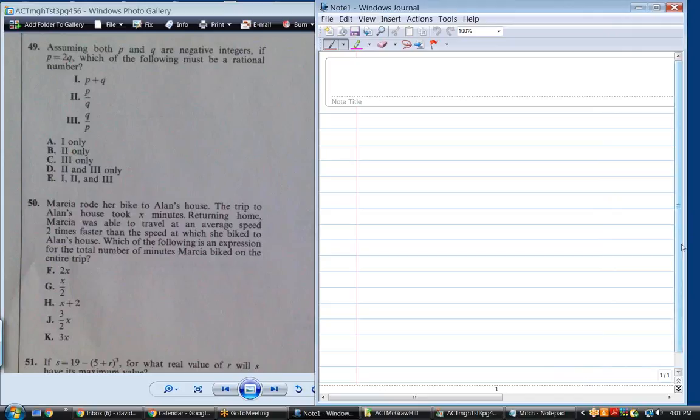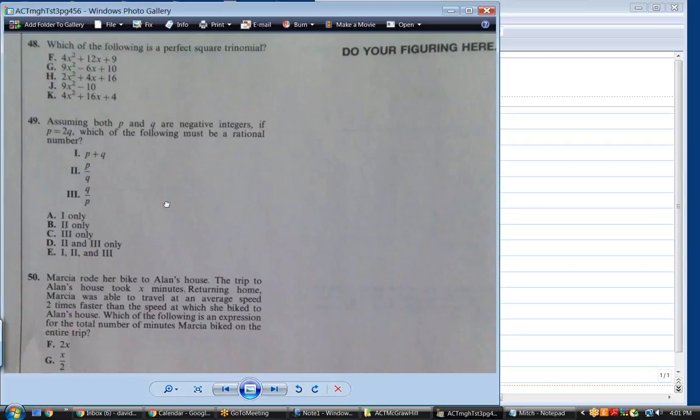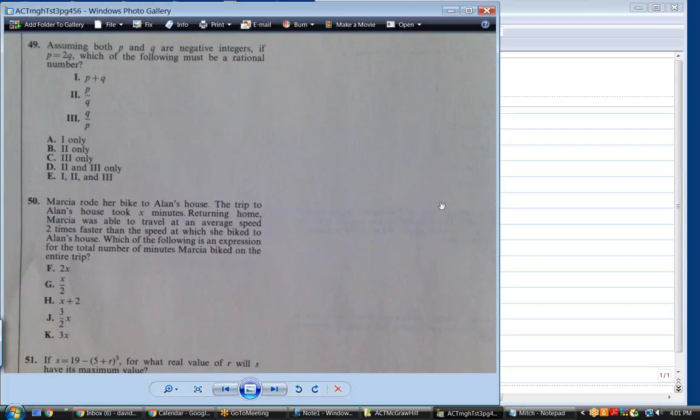Okay, how about 49? We left off on 48, which of the following was a perfect trinomial. 49.